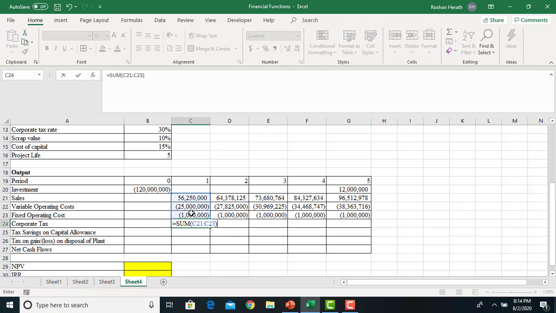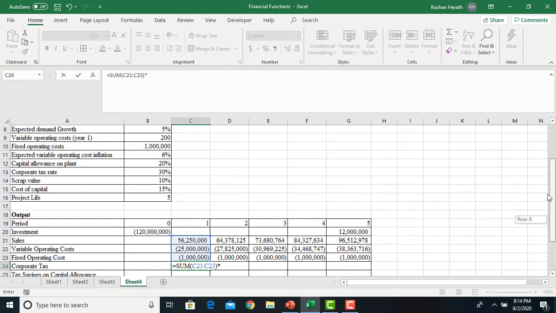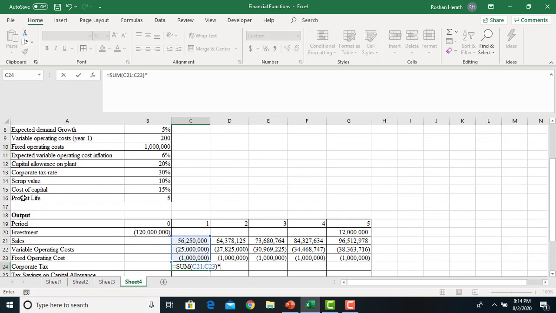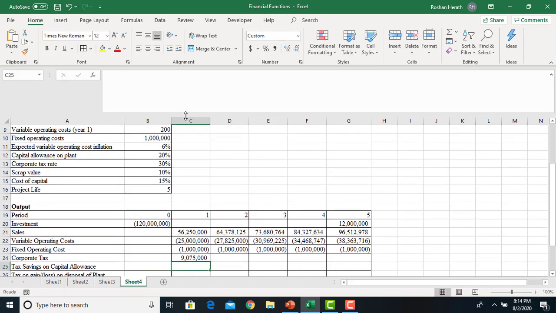Having taken the summation, multiply this by the tax rate. The corporate tax rate is 30% and you pay the tax in the year in which it accrues. So you take it to the same year and this is it. And make sure that since it's a tax, make it a minus figure. Right?